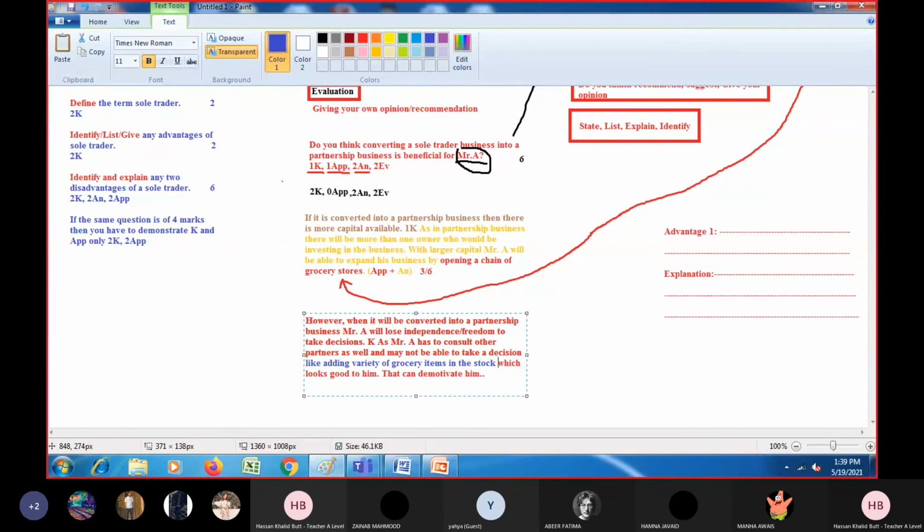So this is application. And overall, if I write at the end of this sentence, this is analysis, and that was the knowledge shown earlier.